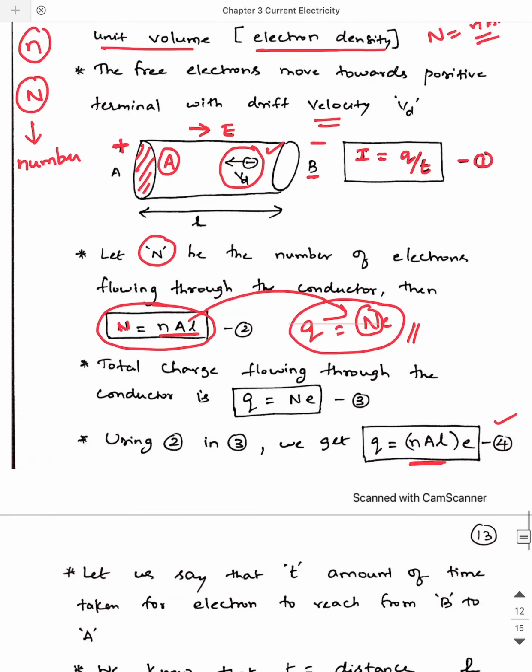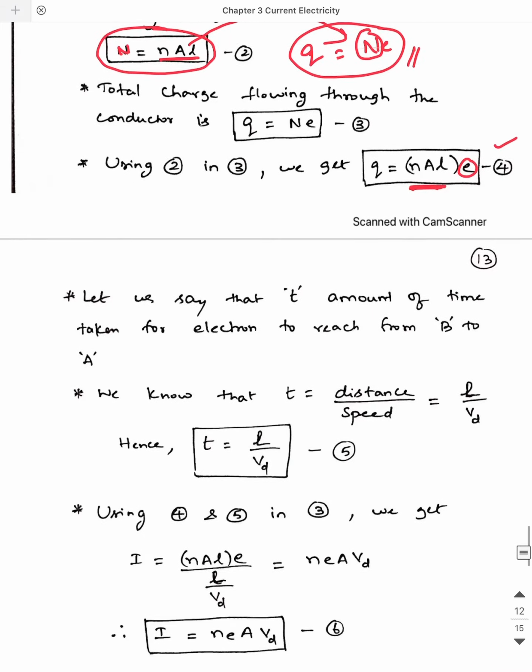Now the whole objective is to find the current in terms of drift velocity. For that we associated Q with the particles and the charge of the electrons. Similarly we will create a relation for T in terms of drift velocity.